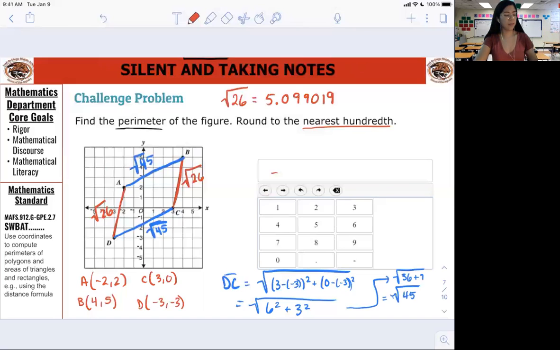Good, and that's exactly what I meant. When you get that really long number in your calculator, I'm going to keep it there because I need to multiply this by 2 to get my perimeter. So I might as well keep it there while it's there and do times 2.